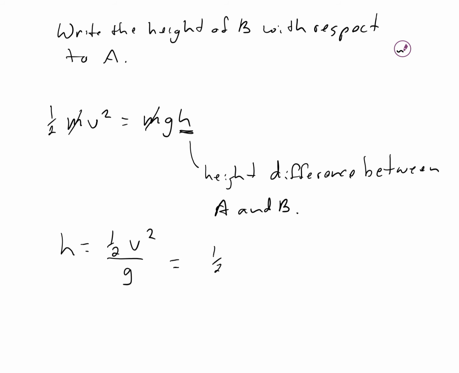Substitute my numbers, so I have 1/2 of 12 squared divided by gravity. And I can put that in my calculator. Gives me 7.